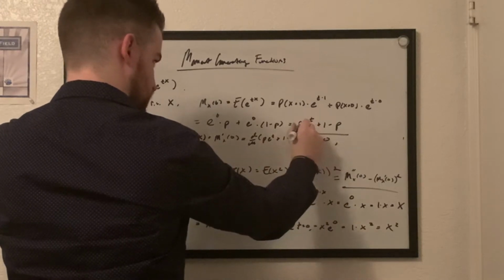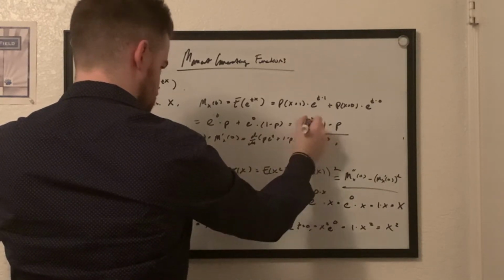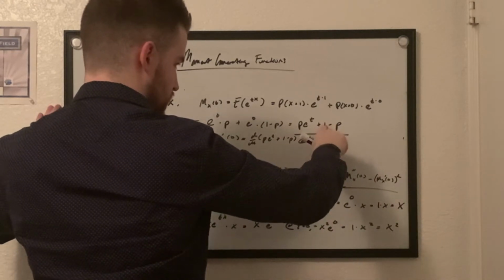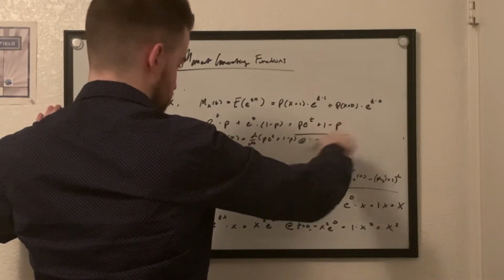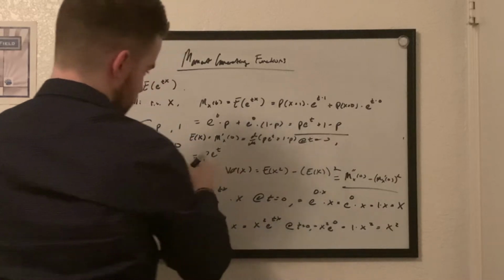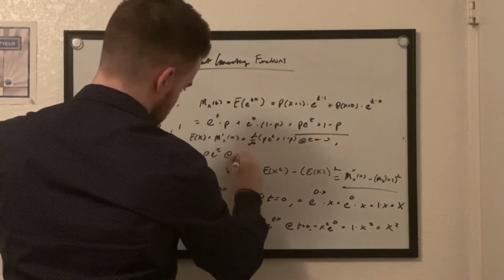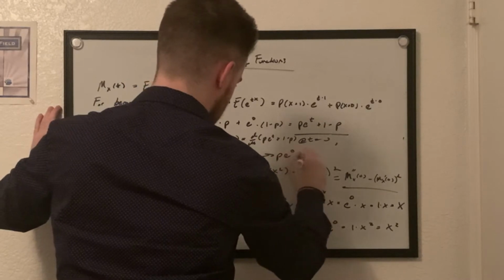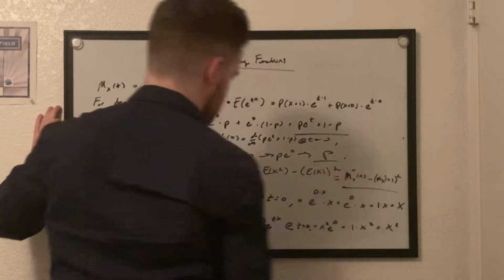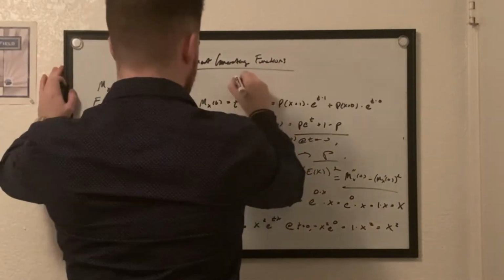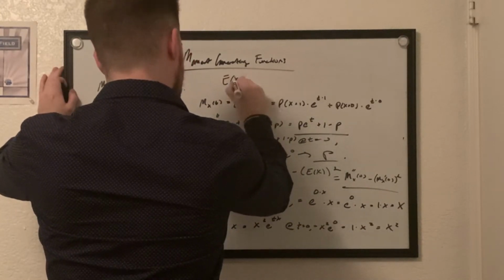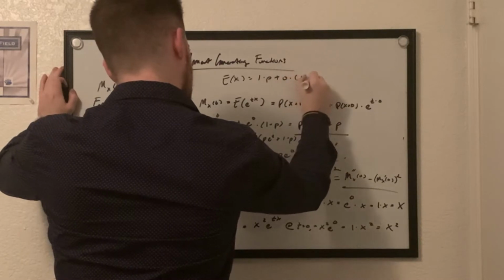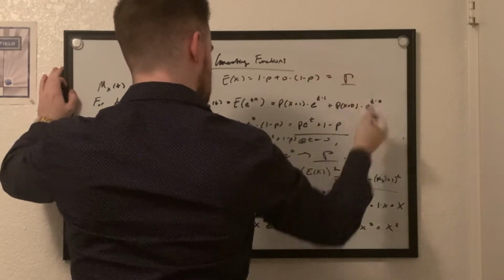The derivative with respect to t is just p e to the t, because with respect to t, 1 minus p is 0. So we just get p e to the t at t equals 0, which gives us p e to 0, which gives us p. If we do our usual way, expected value of x equals 1 times p plus 0 times 1 minus p, which is p. They're the same.